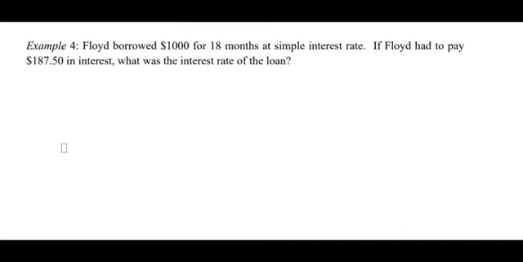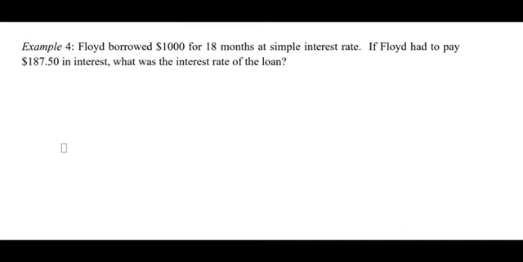Okay, next example. Floyd borrowed $1,000 for 18 months at a simple interest rate. If Floyd had to pay $187.50 in interest, what was the interest rate on the loan? All right. So start with labeling your numbers and then see which variable you are missing. So he borrowed 1,000, so that is going to be your principal. 18 months, that is your time.